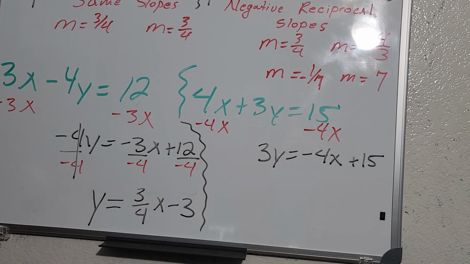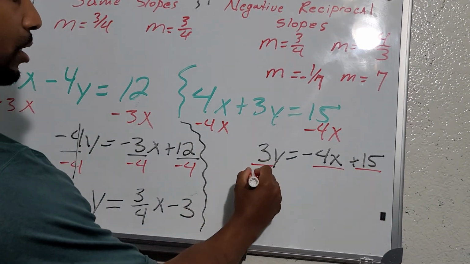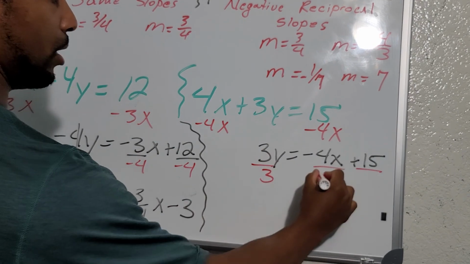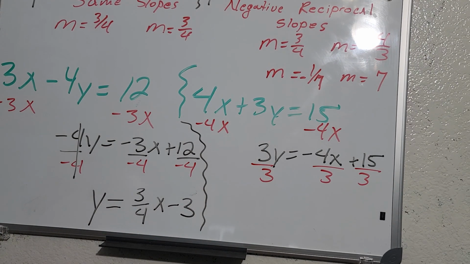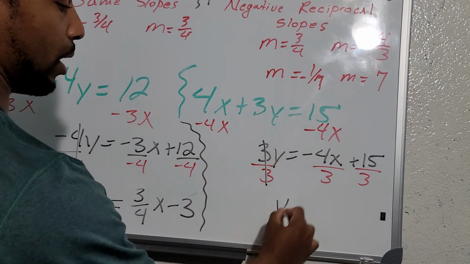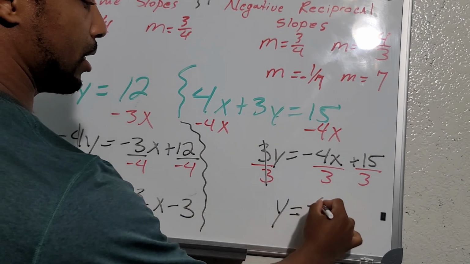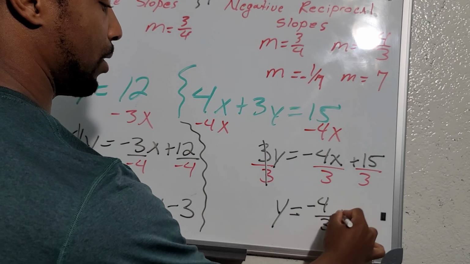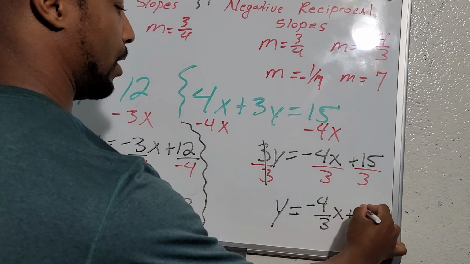And then the last thing I'm going to do here is divide each one of these by the coefficient of y. In this case, my coefficient is 3. So I'm going to divide by 3. Whatever number is in front of y, that's the number you divide by. In doing so, the 3 divides 3 one time, leaving me with 1y. If we don't put the 1, it's understood to be there. And I'm going to get a negative 4 over 3x. And 15 divided by 3 is simply 5.